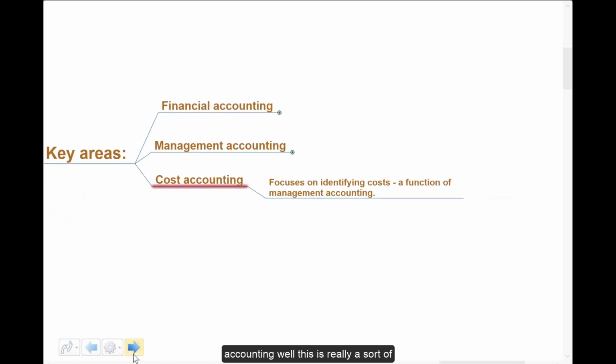What about cost accounting? Well, this is really a subset, if you will, or indeed a function of management accounting. Only one function. Now, it's mentioned here when we talk about identifying costs. You may think the idea of identifying costs, let's say for product A, is quite straightforward.